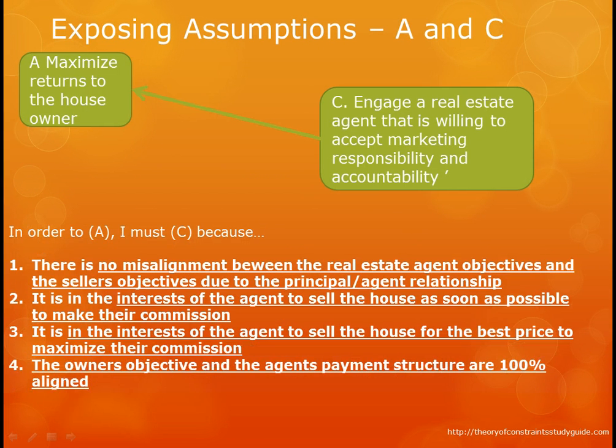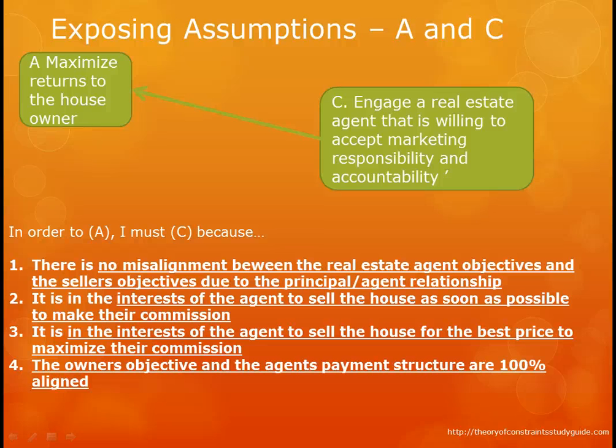So moving on to the relationship between the common objective A and the necessary condition C, which is the bottom line of reasoning, we can see that our assumptions in terms of justifying this relationship between these 2 entities is because firstly, there's no misalignment between the real estate agent's objectives and the seller's objectives due to the principal-agent relationship.